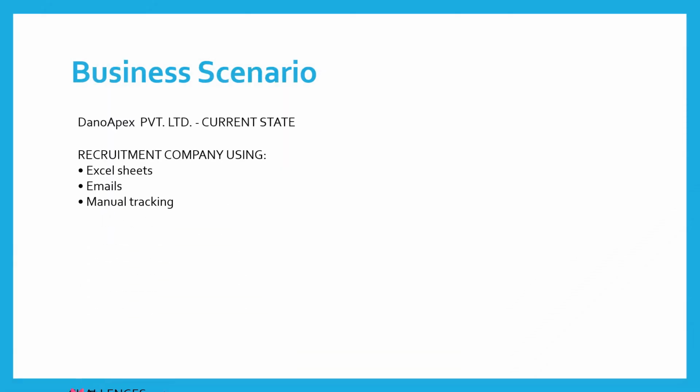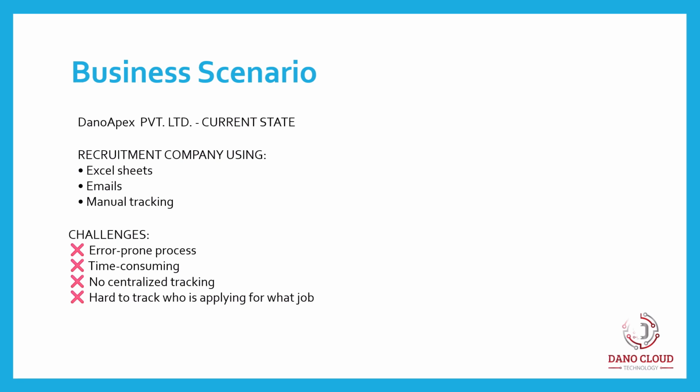Let's begin with our business scenario. Dano Apex Private Limited is a recruitment company that used to manage all its candidates and job openings using Excel sheets and emails. This process was full of errors, consumed a lot of time, and there was no centralized tracking. In short, the team couldn't easily find out which candidate had applied for which job.